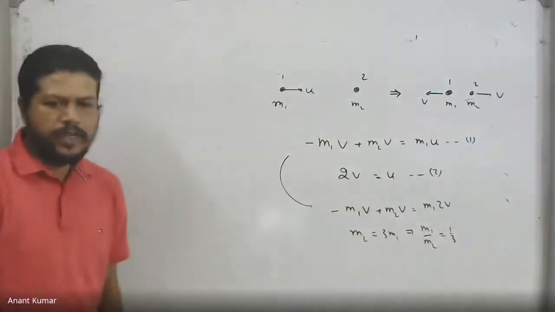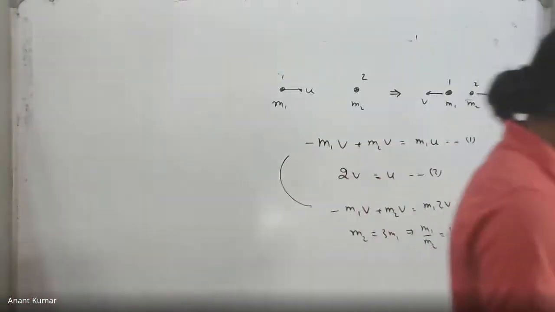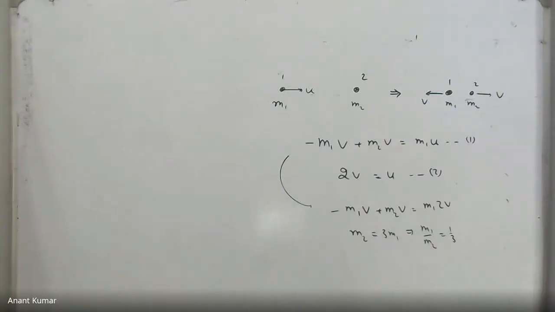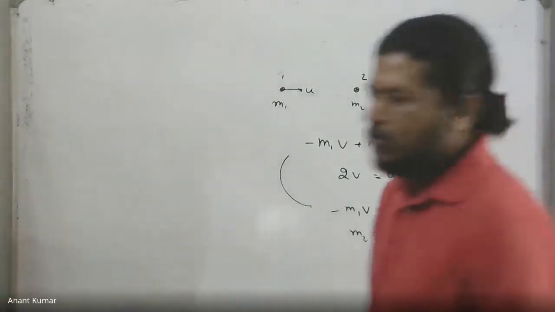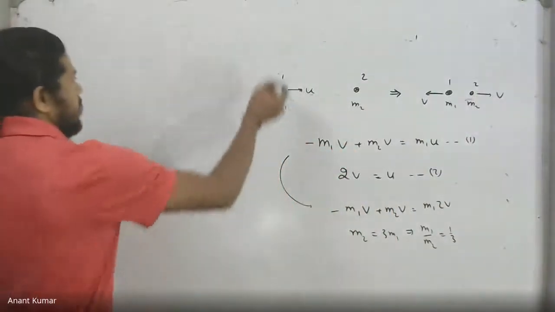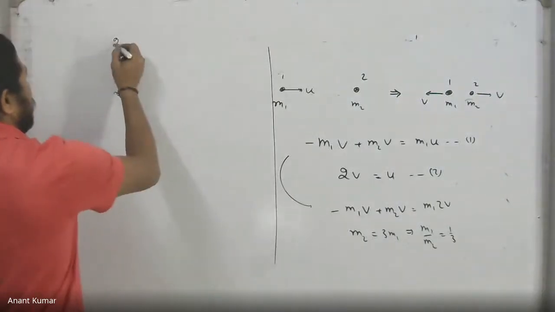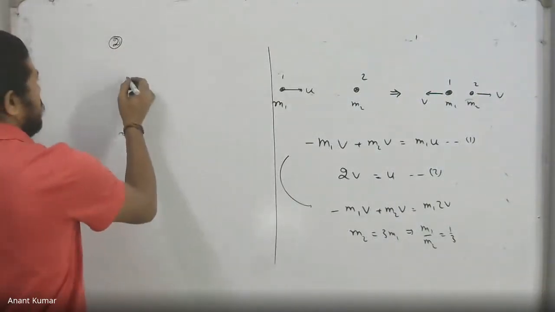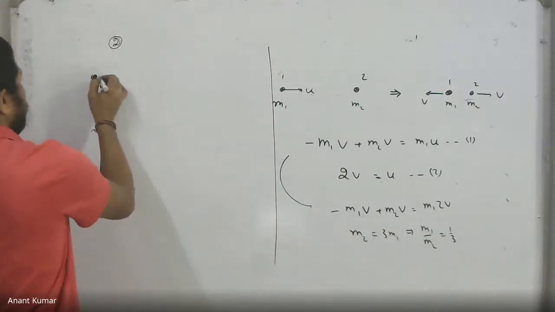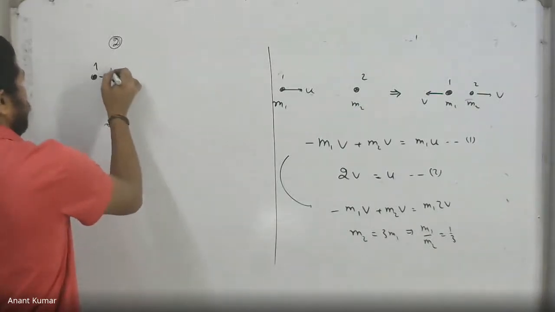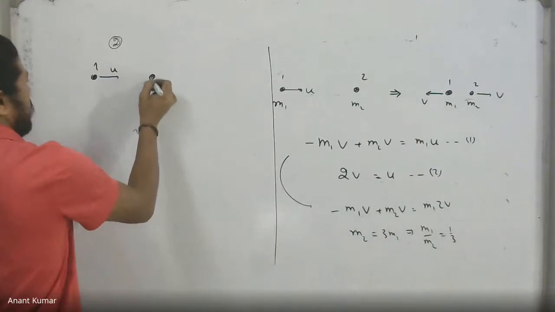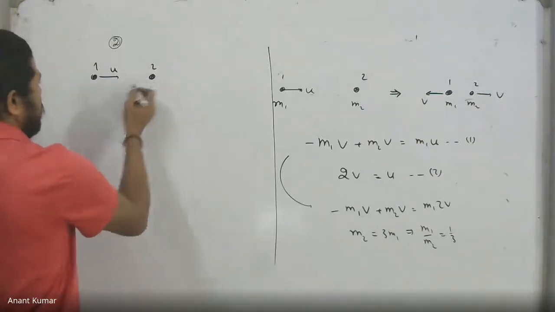Okay. The second case, we have been given that the particles fly apart symmetrically relative to the initial motion direction, at an angle of divergence which is 60 degrees actually, which implies that after the collision, second case, it's not a head-on collision, but an oblique one. The incoming situation remains the same. 1 with the speed u collides with a stationary particle 2 with a speed 0, m1, m2.